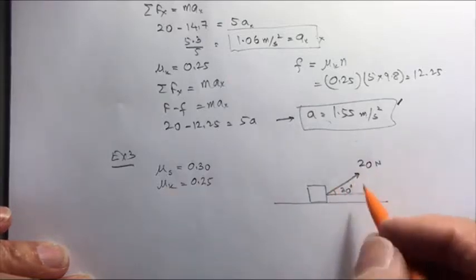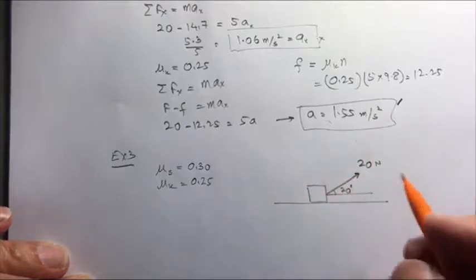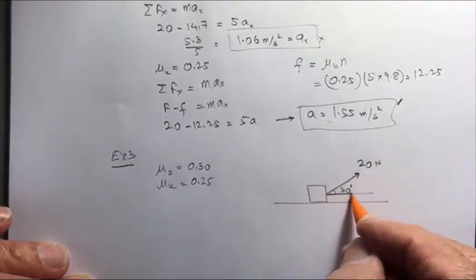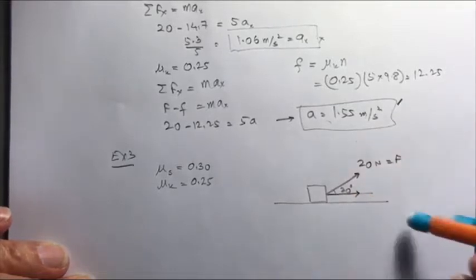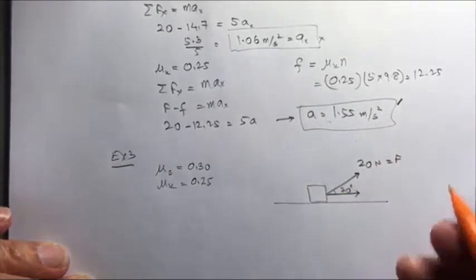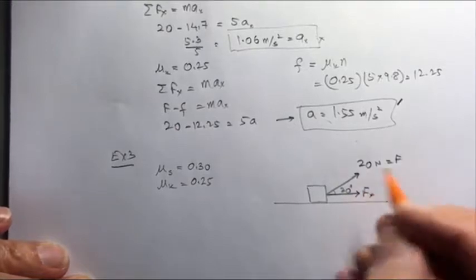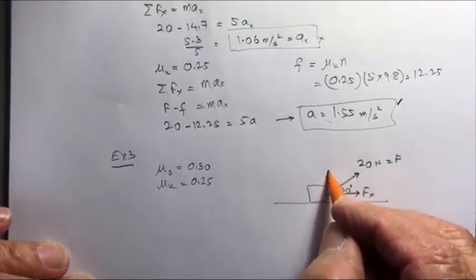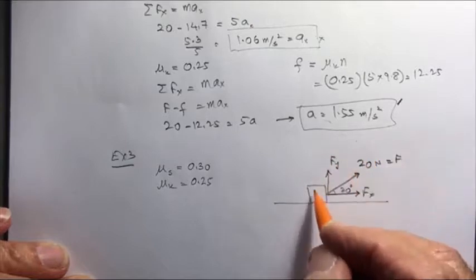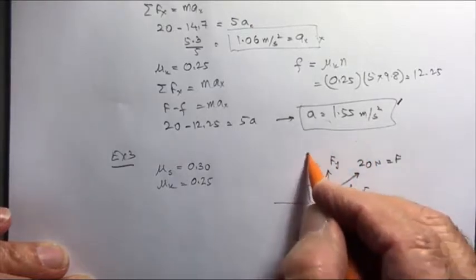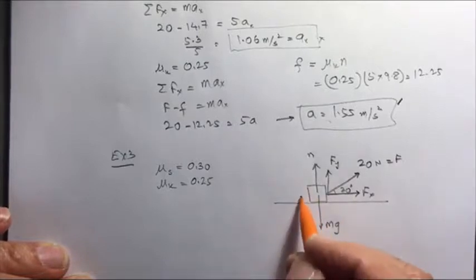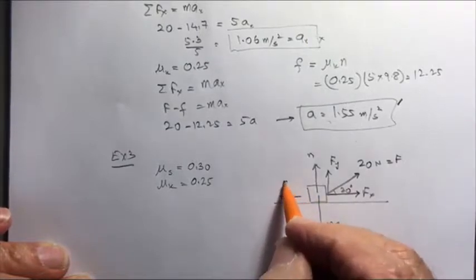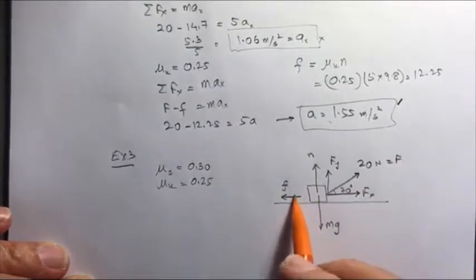So the first thing we do is make a sketch, which we have. Then we make a free body diagram. So we have the F, with the Fx and the Fy, we have a normal force, a weight, and a friction, which could be static or kinetic.